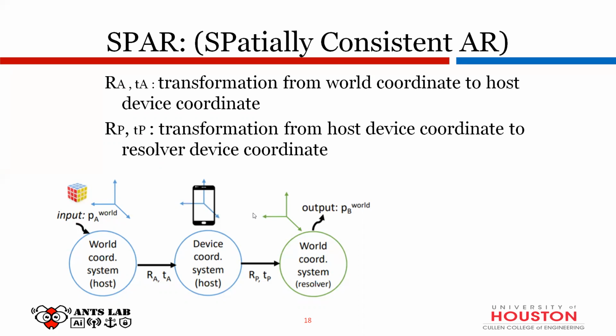And you also have the information of the way you are holding your cell phone or camera. So what you get is actually the real world coordinates, x, y, z, of the virtual object, if that makes sense.